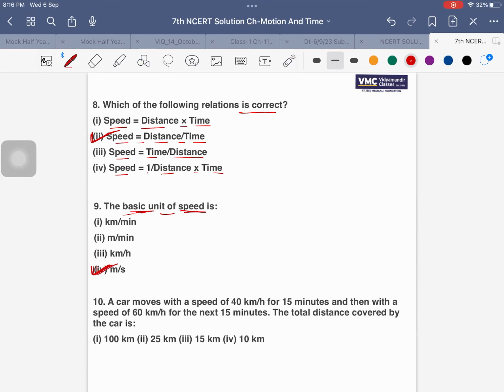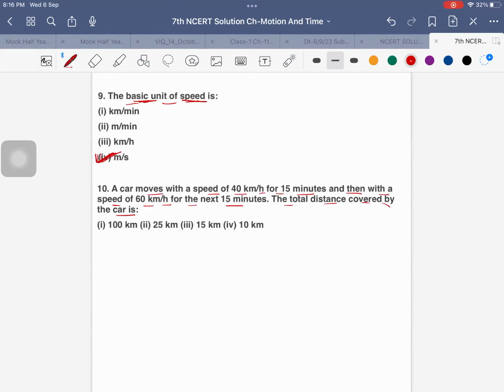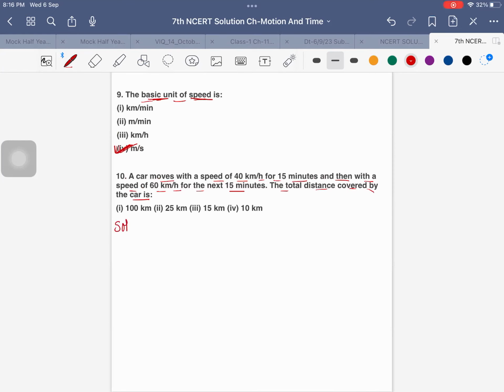Next, a car moves with a speed of 40 km per hour for 15 minutes and then with a speed of 60 km per hour for the next 15 minutes. What is the total distance covered by the car? So first, we have to find out the distance value. Let's solve this question.